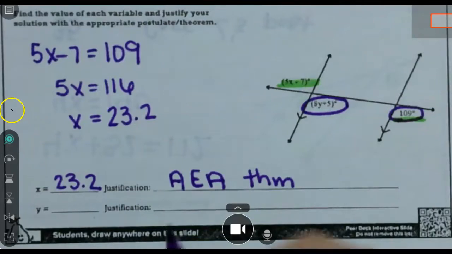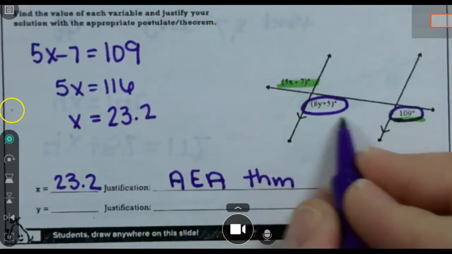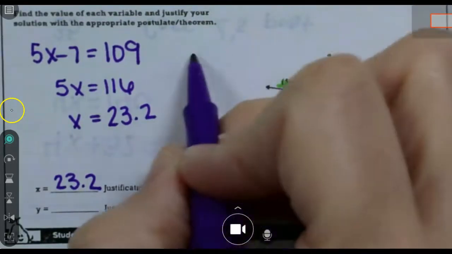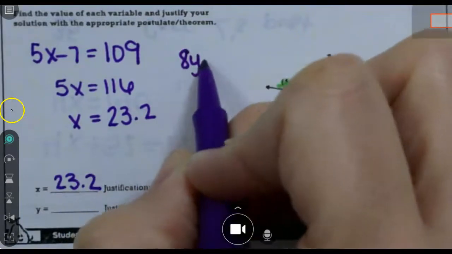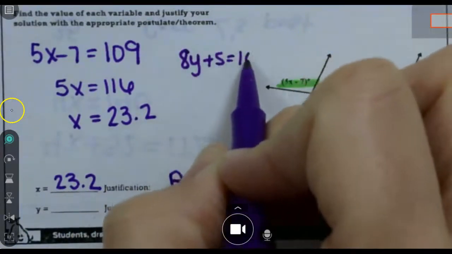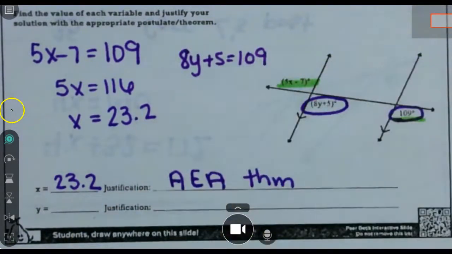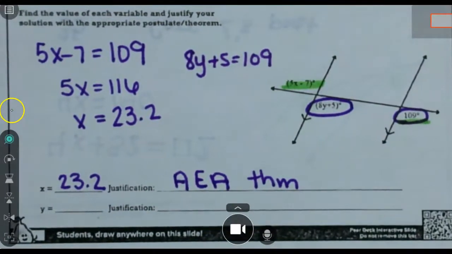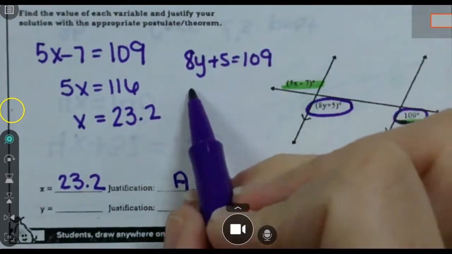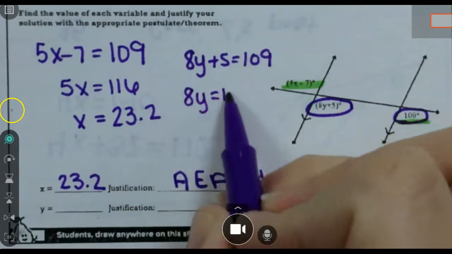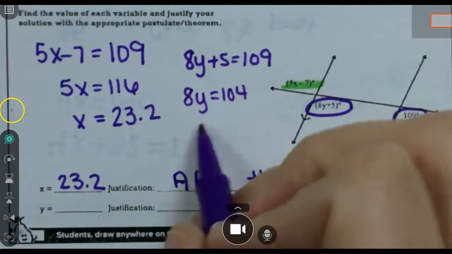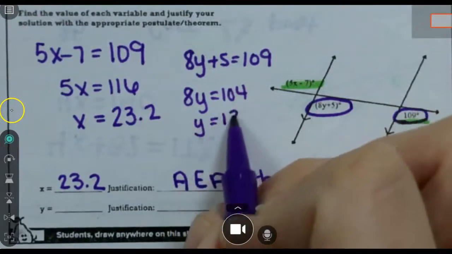So we'll finish up the problem by just setting 8y plus 5 equal to 109 as well. Subtract 5, which is 104, and divide that by 8, which comes out to be 13.